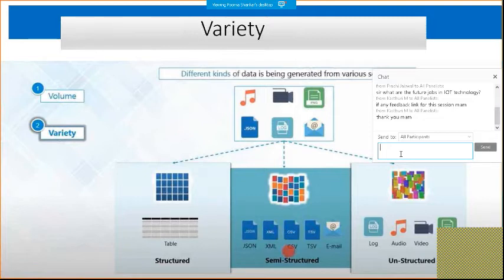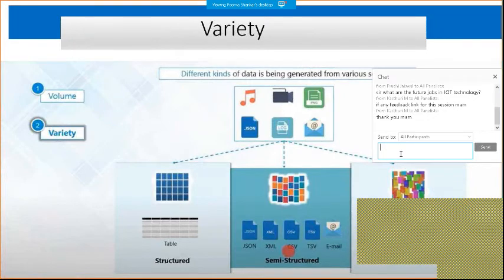When we are able to represent it in a fixed format, they're all structured data. When we are creating our own formats, like XML, JSON, CSV, comma separated value files, and TSV, tab separated value files, emails, all this data are semi-structured data, so partially structured.